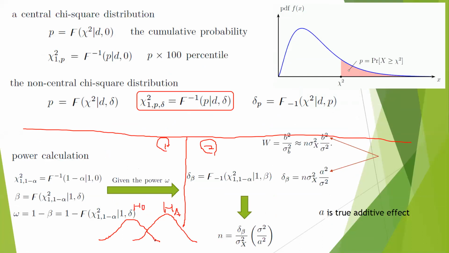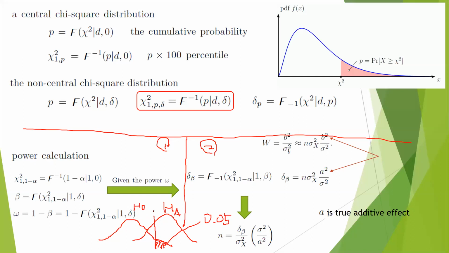Suppose this is the cutoff you're going to use for 0.05. This is the critical value you're going to use to either reject the null hypothesis or accept it.